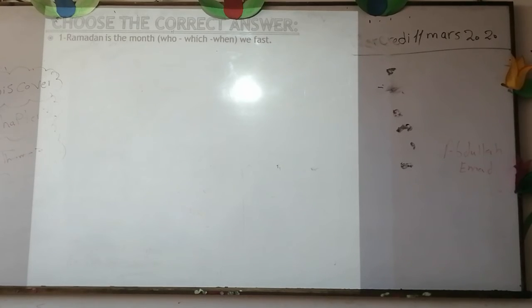Okay. Can we use which? No. It refers to an object or thing. We're talking about time. Okay. So we're going to use, yes, when. Ramadan is a time when we fast.